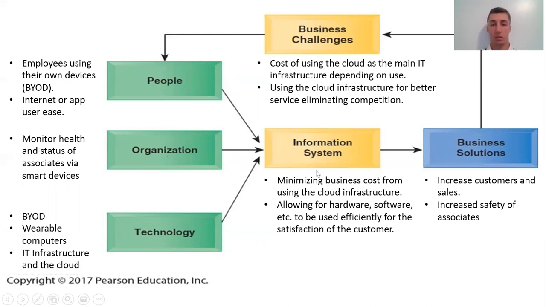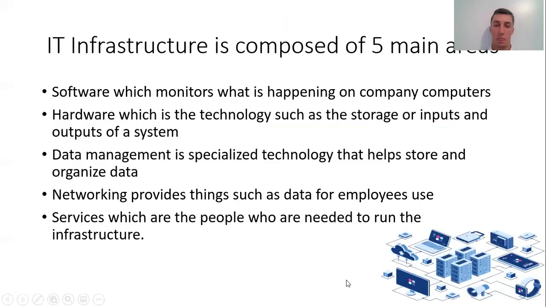Information systems minimize business costs for the use of cloud infrastructure is one main thing, and allowing for hardware, software, etc., inputs, outputs, stuff like this, to be used efficiently by the customer, and that way they are satisfied, as you'll see by an example placed in here with American Airlines and business solutions, which are increased customers and sales and increased safety from associates from this technology.